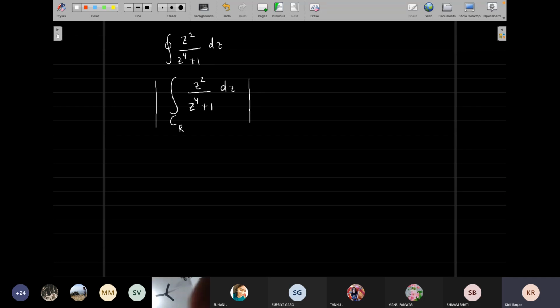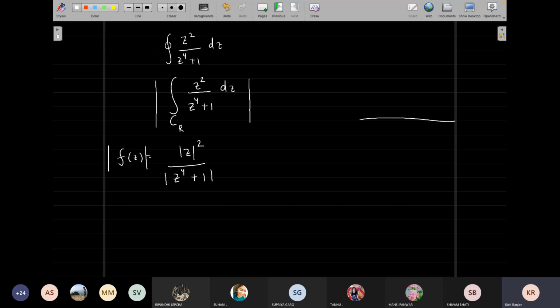So let's just look into this function f(z), the mod of z square over z^4 plus 1, over the contour which we are taking.